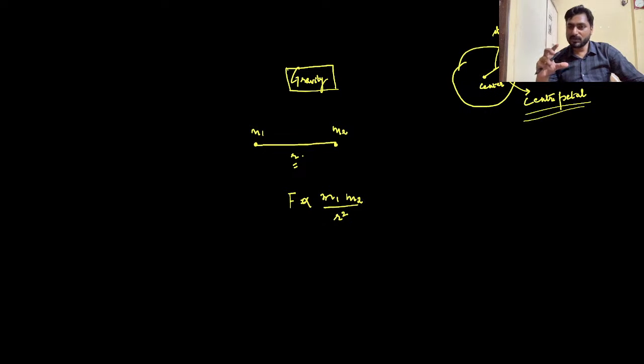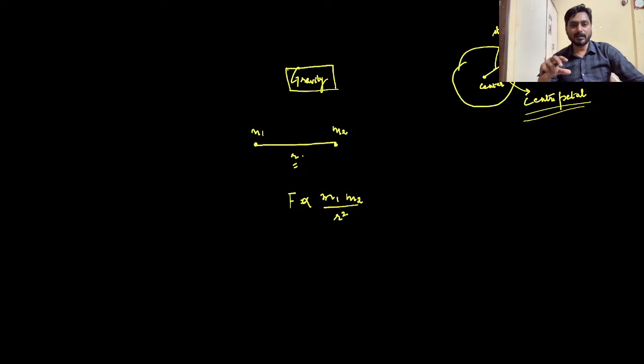This concept is used even in enrichment of uranium. There are different uranium isotopes, some heavier, some lighter. The heavier will experience more centrifugal force and move outward, while the lighter will remain at the center. So this concept of centrifugal force is utilized at many places.